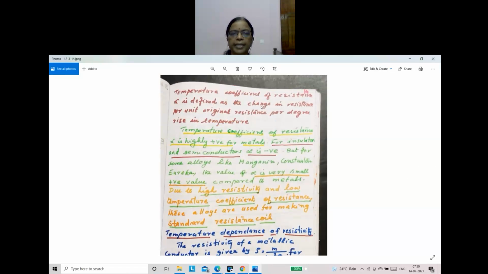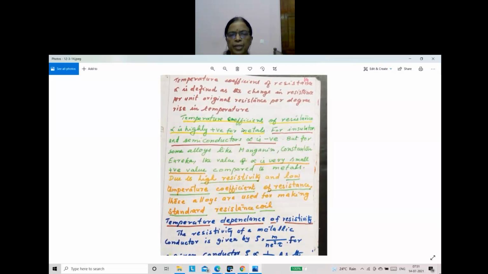The temperature coefficient of resistance alpha is defined as the change in resistance per unit original resistance per degree, meaning 1 degree rise in temperature. Alpha is highly positive for metals. High positive value means resistance is increased very much on heating.